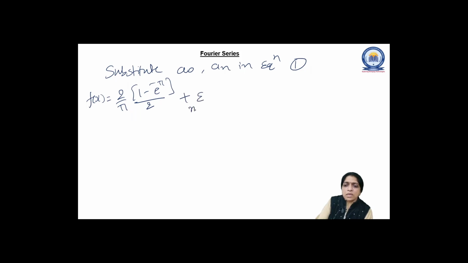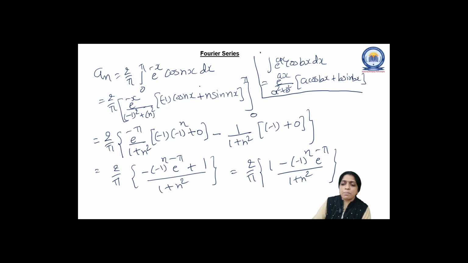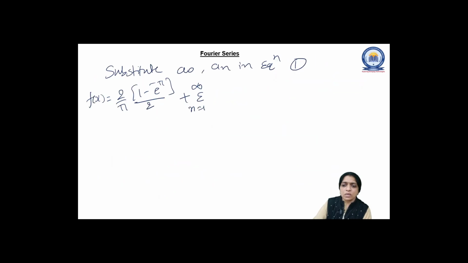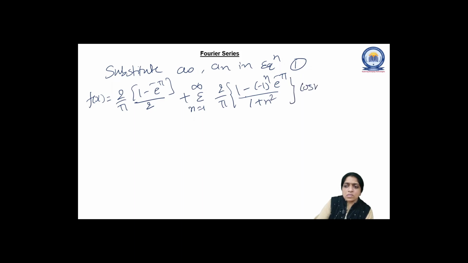Plus summation n = 1 to infinity, and the value of an is 2 by pi times 1 minus 1 raised to n e raised to minus pi upon 1 plus n square, into cos nx.